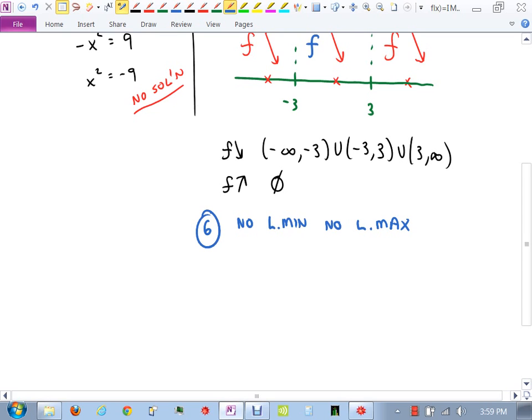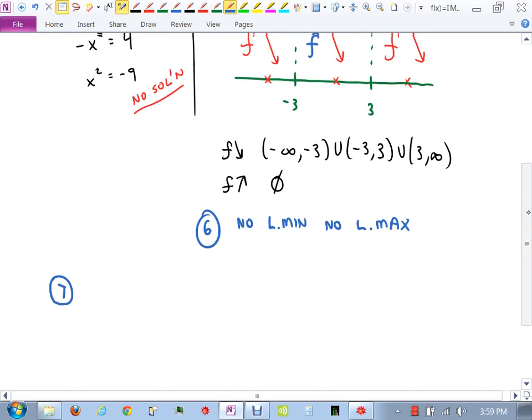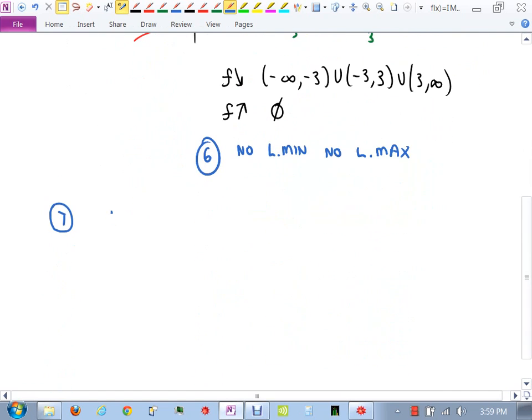Step 7. Determine all the intervals where we're concave up and concave down. What do you need for this then? You need the second derivative. So let me put the derivative back up here. It was negative x squared minus 9 over x squared plus 9 squared.